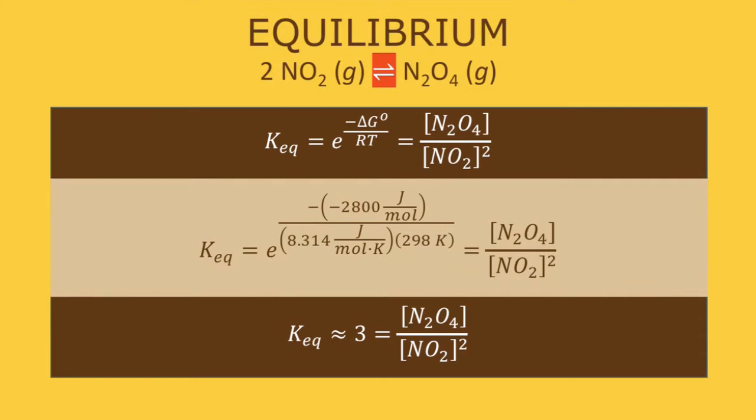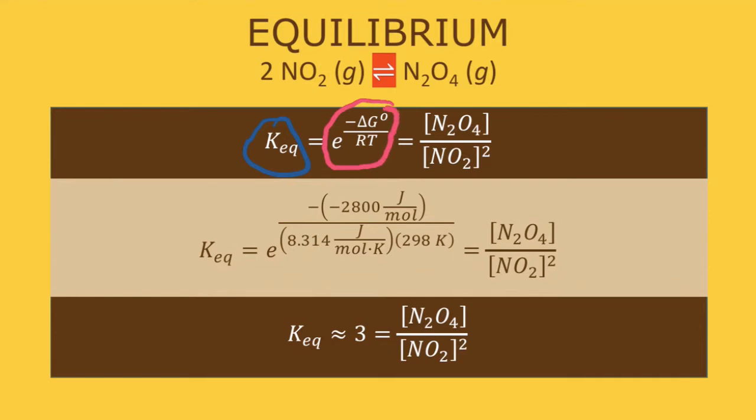First, let's find out how much N2O4 will be made. The equilibrium constant, KEQ, is defined by G naught. It's defined by the Gibbs free energy. And you can see in the equation here that KEQ equals e to the negative G naught over RT.